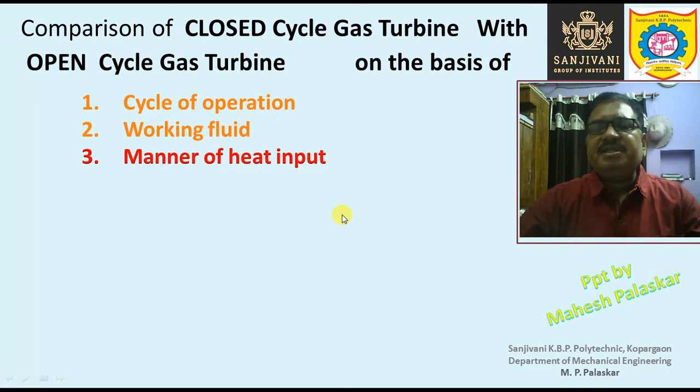That means the combustion takes place in the working substance itself, and that working substance is expanded in the turbine. So, we don't have separate gases for heating purpose. There is a direct contact between the heating gases and the working substance, or the working substance itself acts as the gas which heats itself.